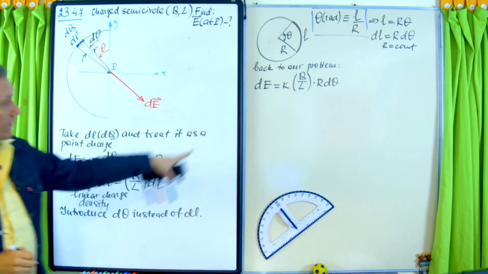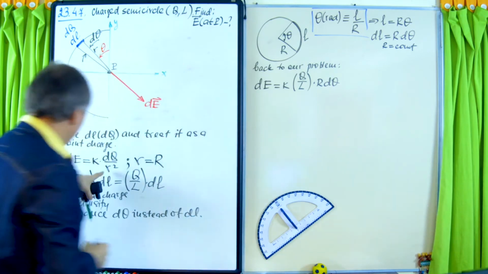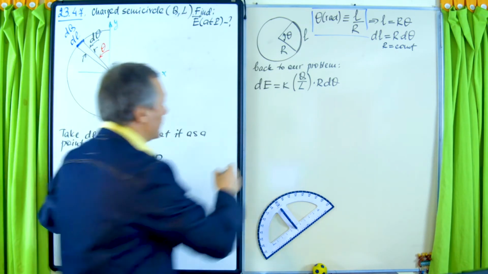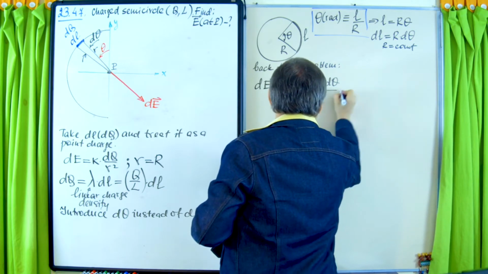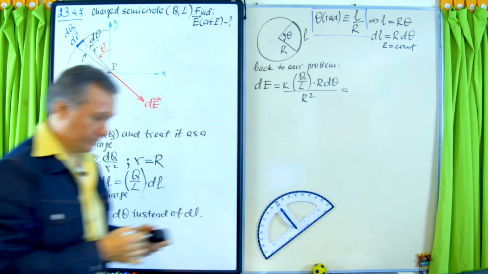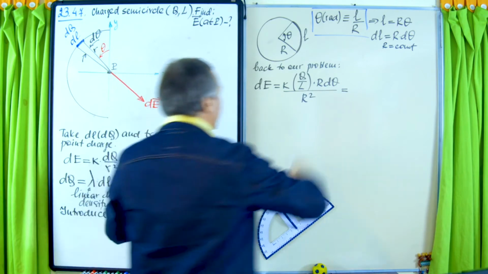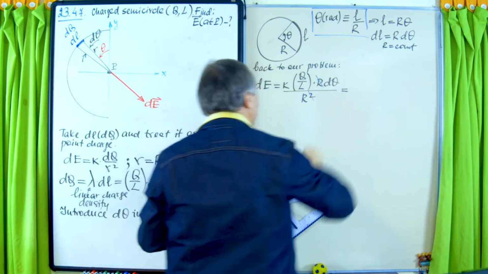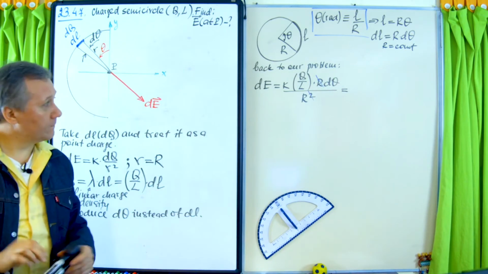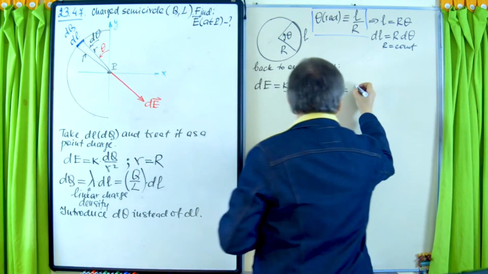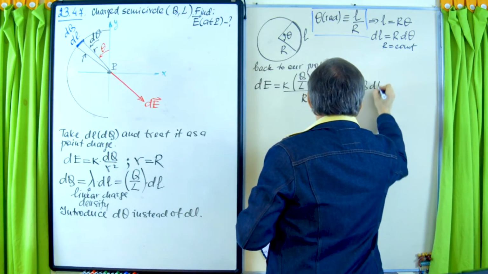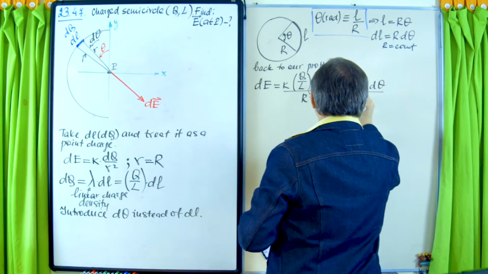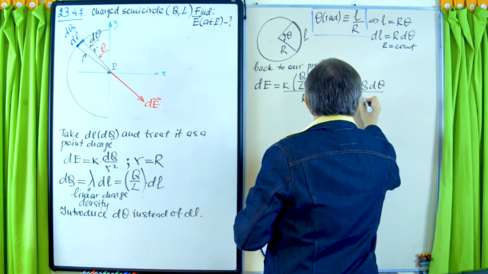Instead of dl, we have r d theta, and divided by R squared, it's a capital R. Of course, one r can be canceled, and as a result, we're getting k q d theta divided by r times L.